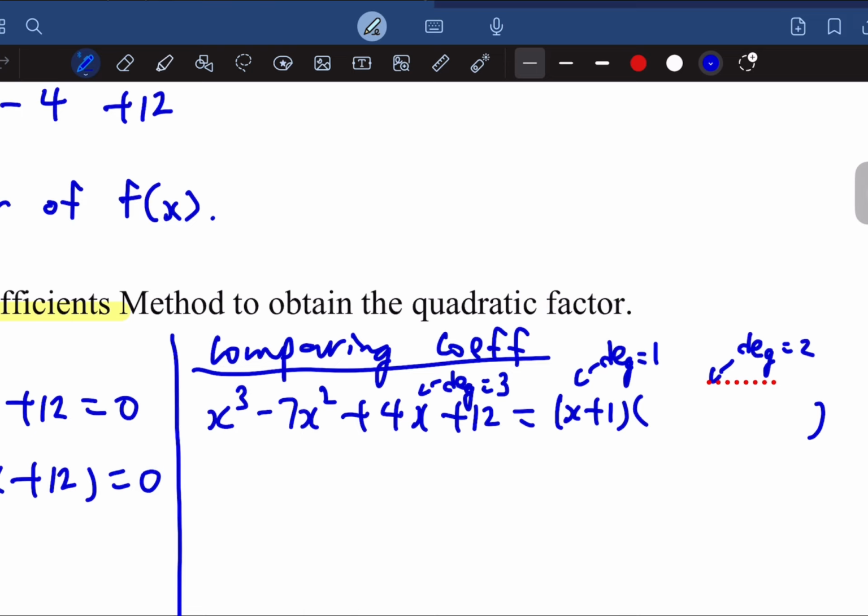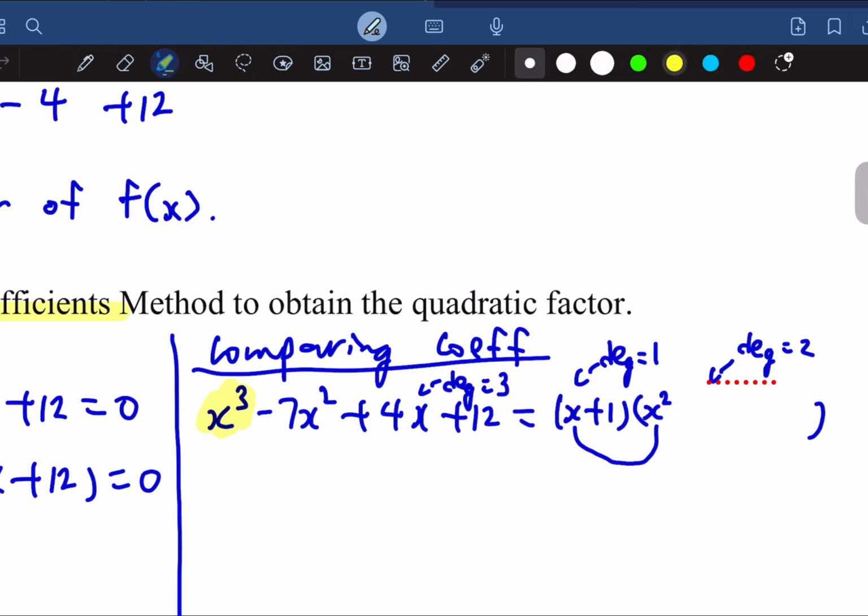The first term, x cubed, we get from where? From these two terms multiplied together: the first term in the first bracket multiplied by the first term in the second bracket. So x times x squared.